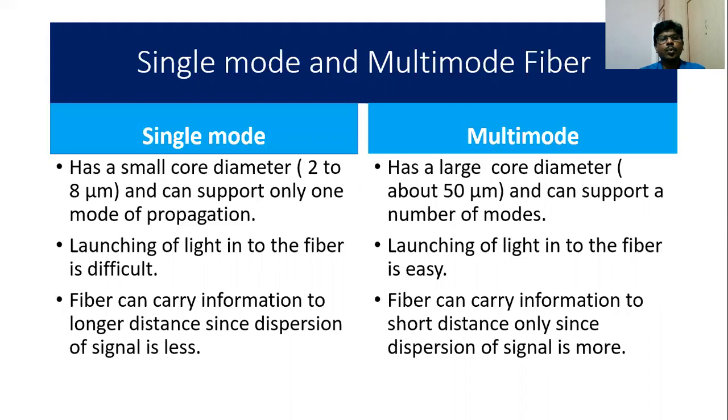The diameter is about 2 to 8 micrometer. Launching of light into the fiber is difficult. Fiber can carry information to longer distance since dispersion of signal is less. What about multimode? It has a large core diameter and can support a number of modes. The core diameter is about 50 micrometer. Launching of light into the fiber is easy. Fiber can carry information to short distance only since dispersion of signal is more.